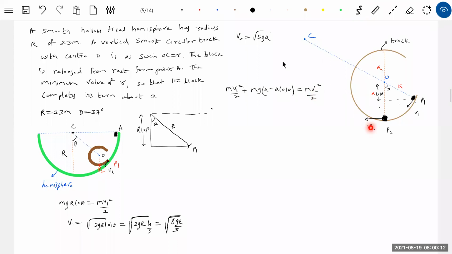Substitute that here, because it has to complete this track, means root 5ga should be the minimum velocity at the lowest point here. Substitute v2 as root 5ga from here, v1 from here, then you'll get a in terms of the required thing. M gets cancelled, so v1 square equal to 2ga (1 minus cos theta) plus v2 square. v1 square will be 8gr by 5.